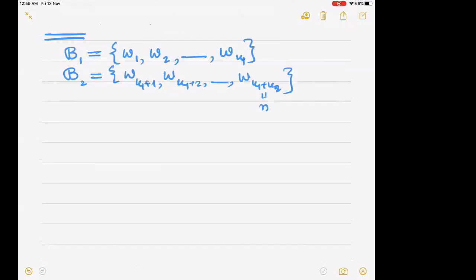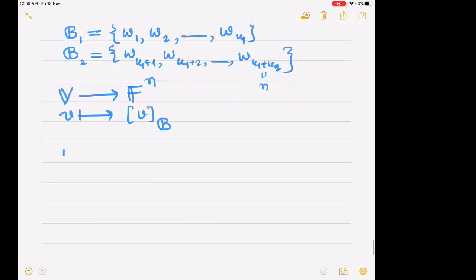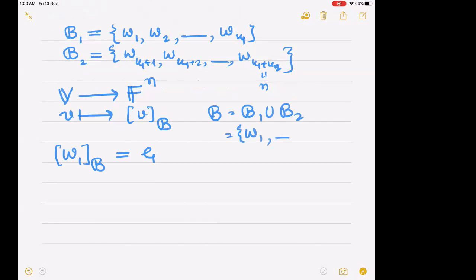Now, remember this was my vector space V, and V gets identified with F^n, where every vector v gets mapped to its representation in the basis B. Under this representation, w1's representation in B goes to, of course, e1, because that's the first basis vector. What is B? B is nothing but B1 union B2. This is an ordered basis which starts with w1, goes via w_K1, then w_(K1+1), and ends at w_n.